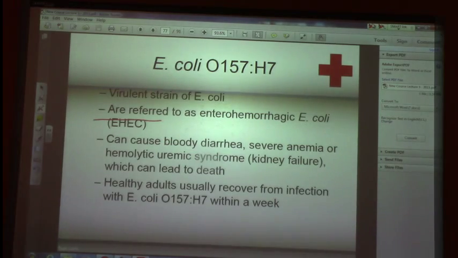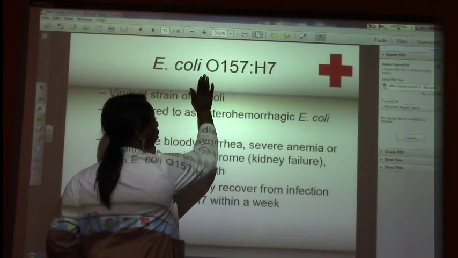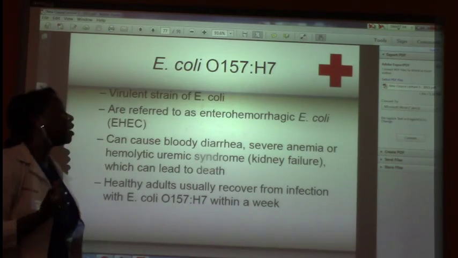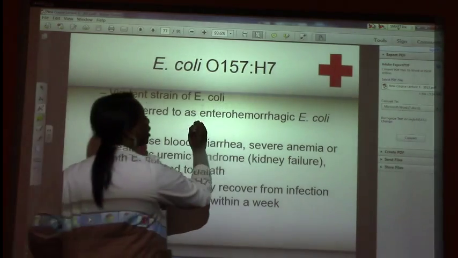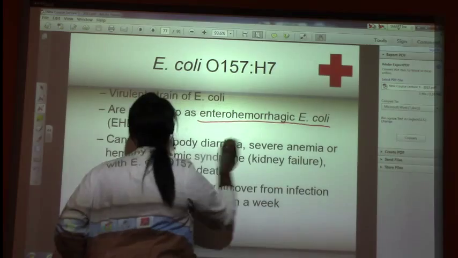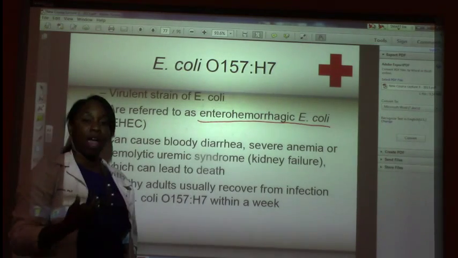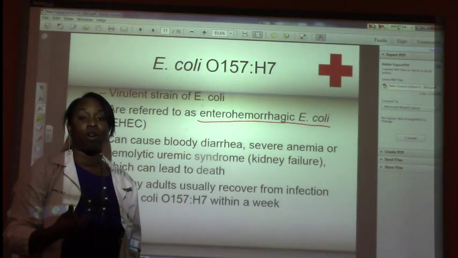Now, there are virulent strains, and the one that you see here on the board, the E. coli O157:H7 strain, happens to be a highly virulent strain. This one is also referred to as enterohemorrhagic E. coli, or EHEC. Now, this particular strain of E. coli is different from the ones that we normally have as a part of our normal flora.